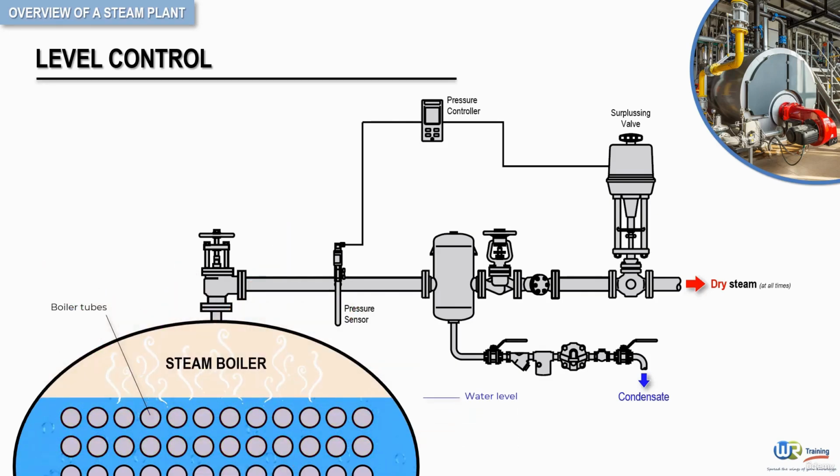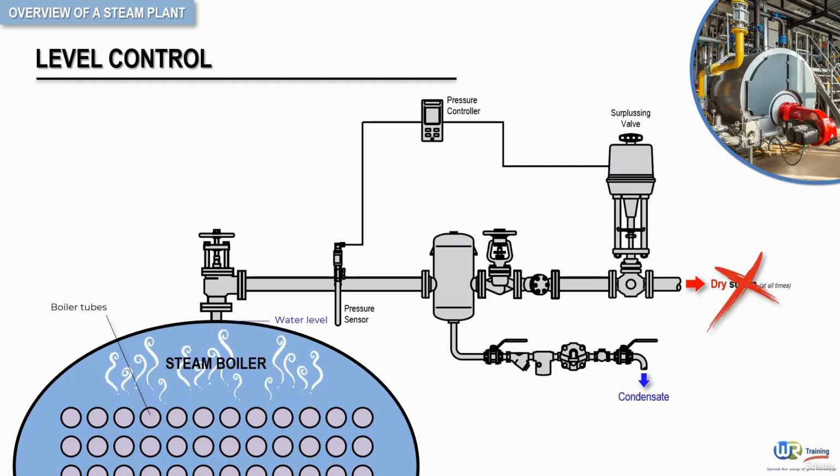If, however, the water level becomes too high, as highlighted here, water could enter the steam system and upset the downstream process. The result would be wet steam. For this reason, automatic level controls are used.